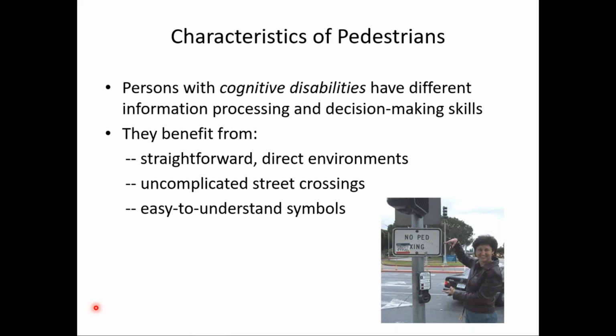And of course, there's different levels of severity of autism, but autism would be considered a cognitive disability. Because there are such a wide variety and different levels of severity, it can be challenging to accommodate individuals with cognitive impairments.